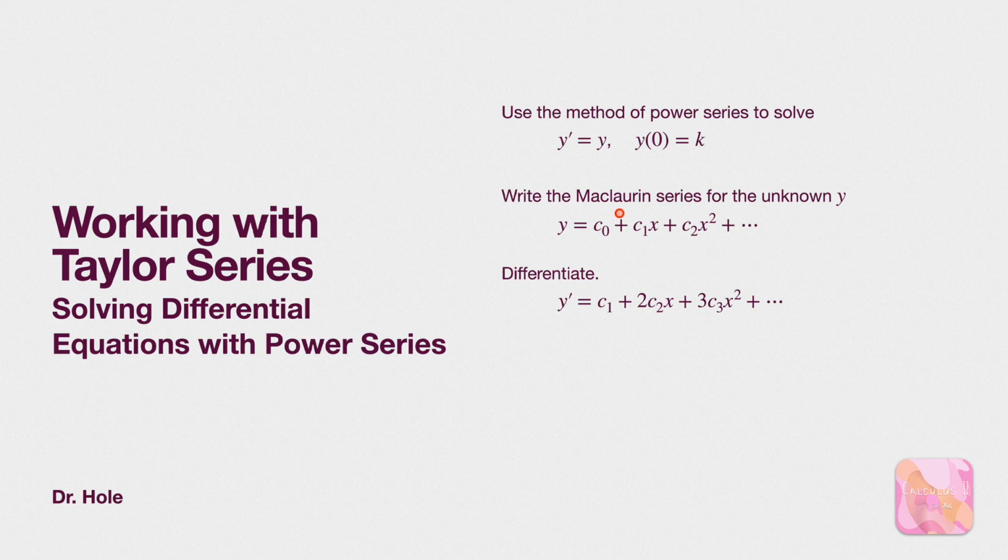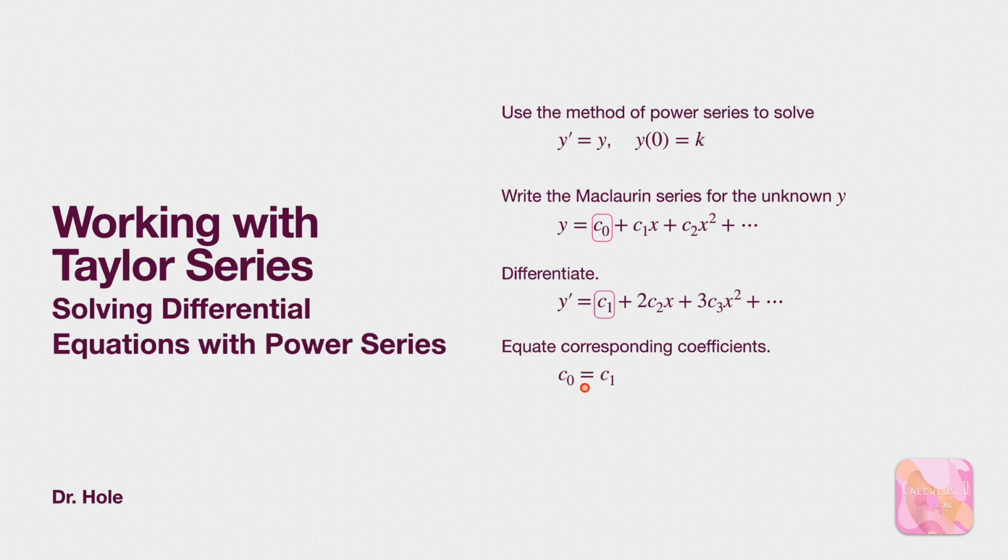Now go back to the differential equation and note that the derivative of the unknown is exactly the unknown. Well, that means that y must be y prime, but it also means that this right-hand side must be this right-hand side. Well, we can take that one step further and we can say that corresponding coefficients must match.